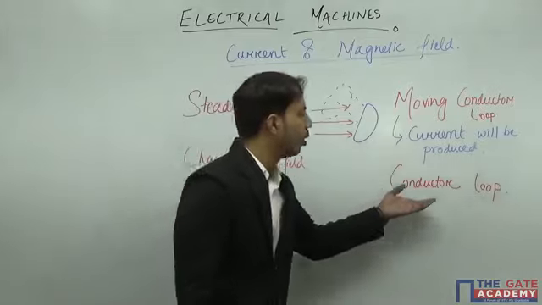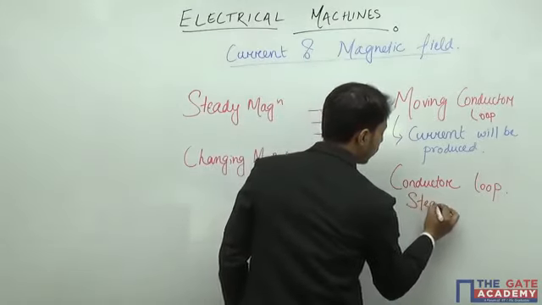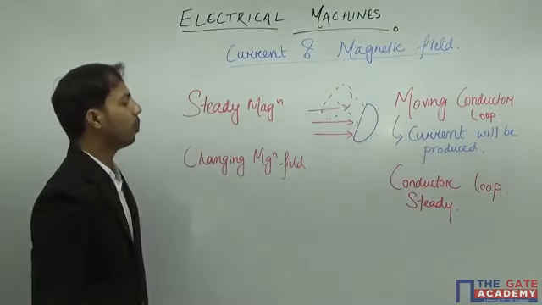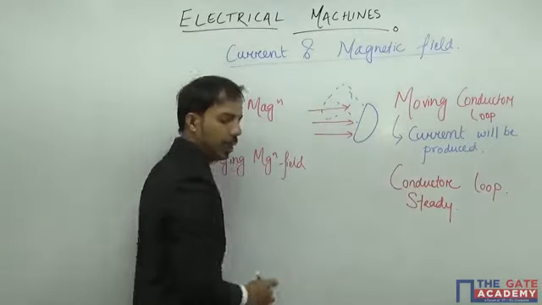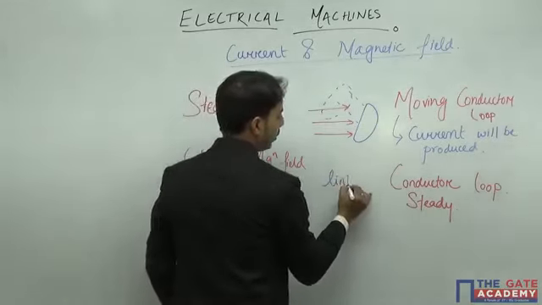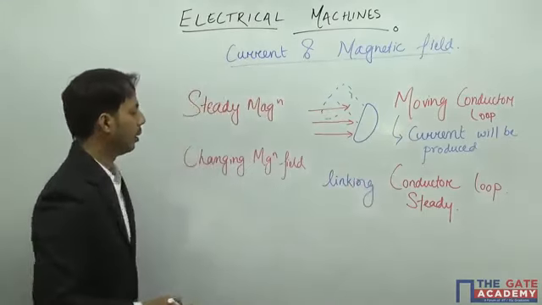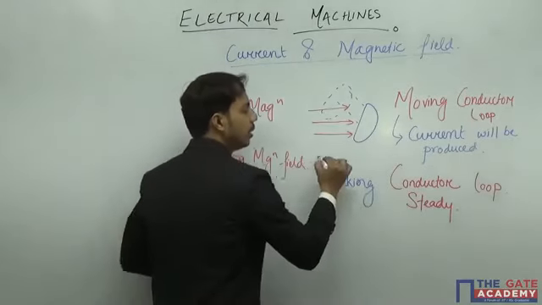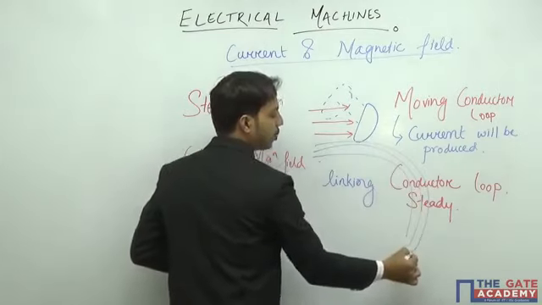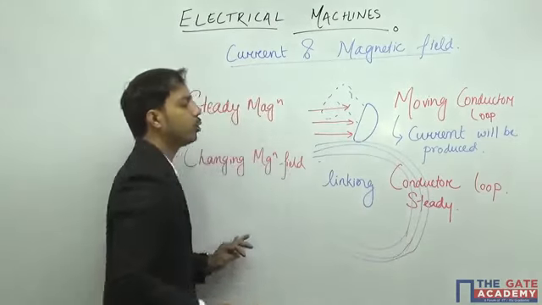So if I have a conductor loop which is not moving, or in other words steady, but this loop is linking, linking means this field, or this flux, is passing through this conductor. That is what linking means.